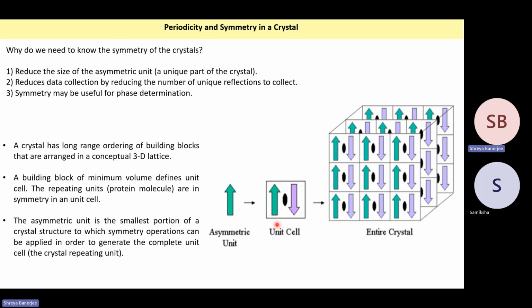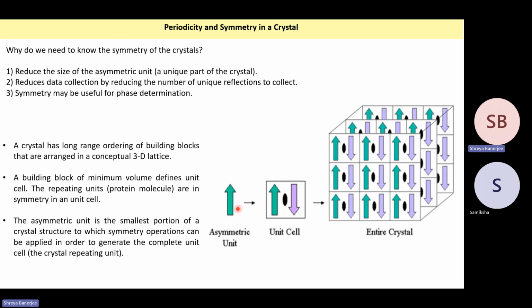So this is the unit cell, just shown by different patterns. If you repeat this unit cell in 3 dimensions, you will get the crystal. But the asymmetric unit can be just one arrow, because if you turn this arrow by 180 degrees, you will get the other region of the unit cell also.